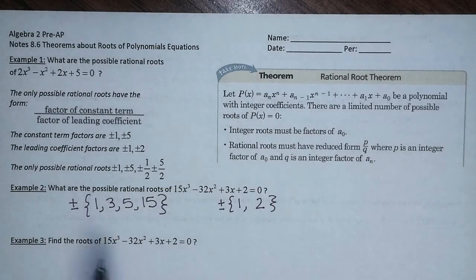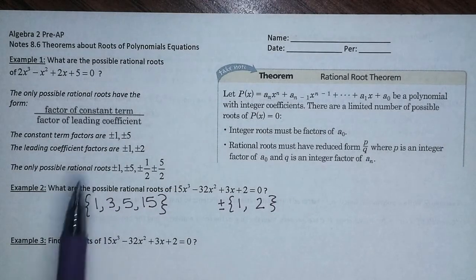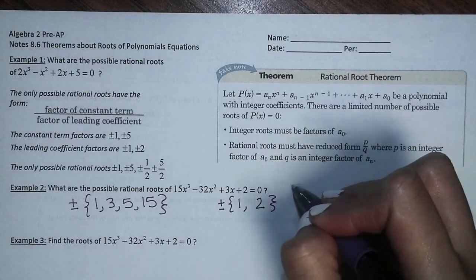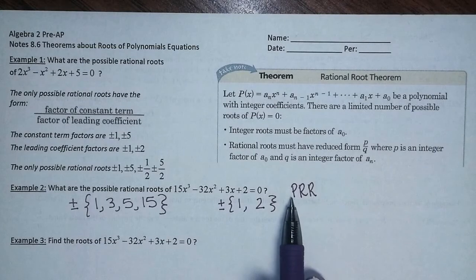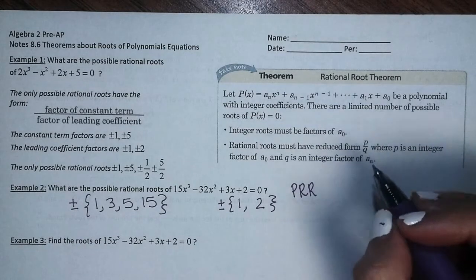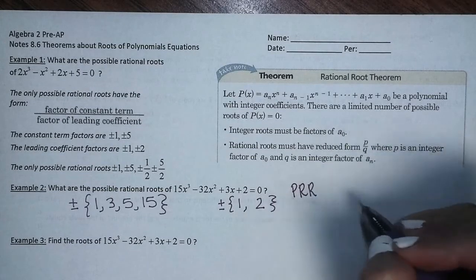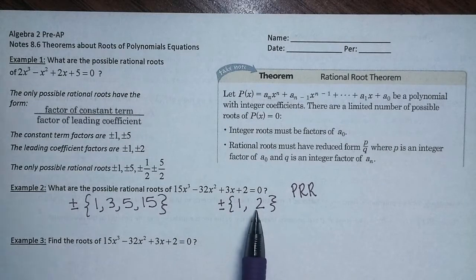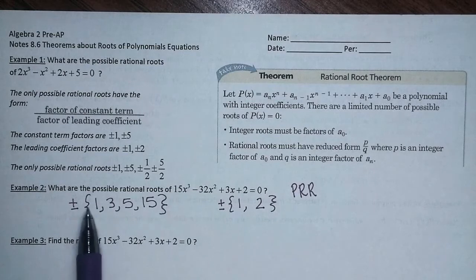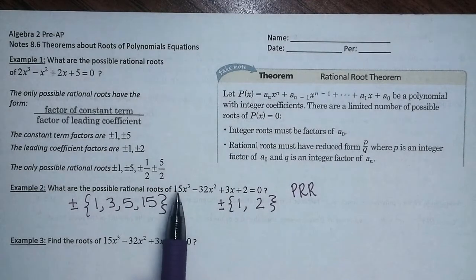All right, so now for your answer, which are the possible rational roots. If you ever see me using PRR, that stands for possible rational roots. So the possible rational roots are going to be, you need to take the factors of the constant, so 1 and 2, and you need to divide them by all of the factors of the leading coefficient.